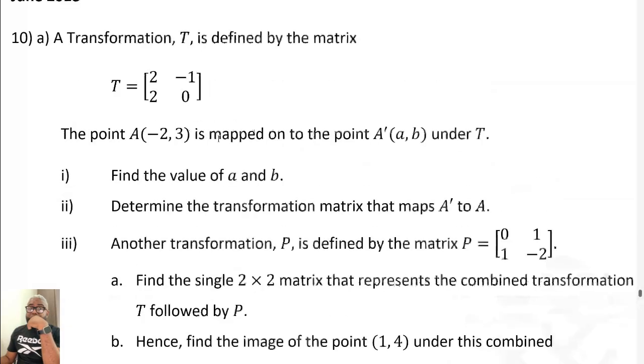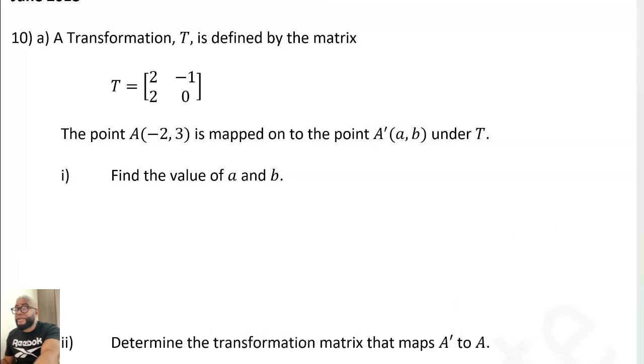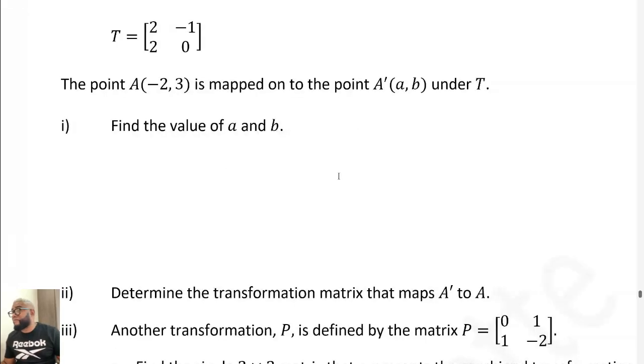So the point A, which is 2, 3, is mapped onto the point A prime under transformation T. So you're going to apply a matrix transformation to a coordinate. The first thing we need to do is write a coordinate in vector form. So what is vector form?